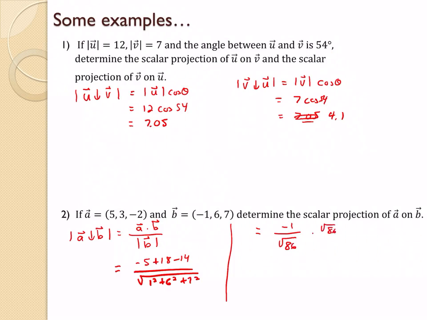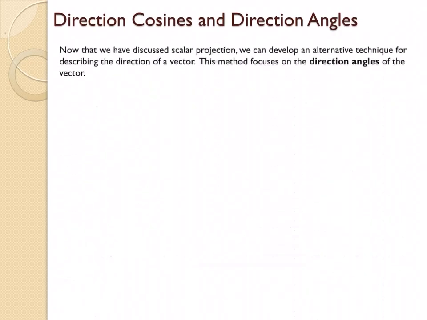And to be honest, sometimes we don't get too excited about the radicals in this chapter, but if you really want to get it technically right, you should get that radical out of the denominator because it might do some simplification after that. This one doesn't. Okay, so that's scalar projection, and we'll talk about vector projection in a little bit. So scalar projection is how long the shadow of one vector on another is, or how much one vector pulls in the direction of the other.